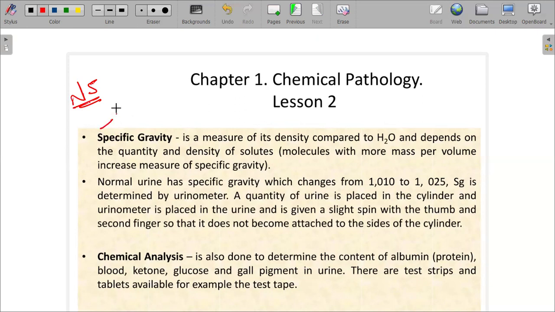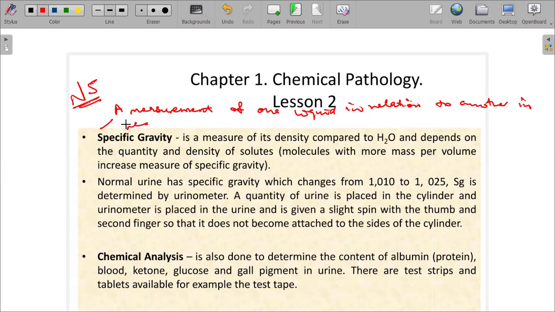I can give it as a measurement of one liquid in relation to another in regard to its, we can say, mass.